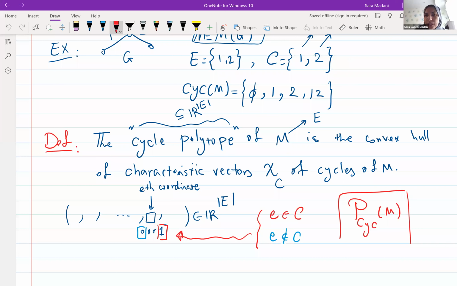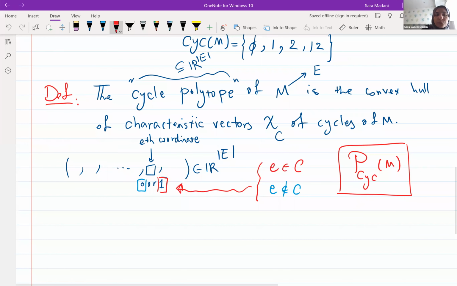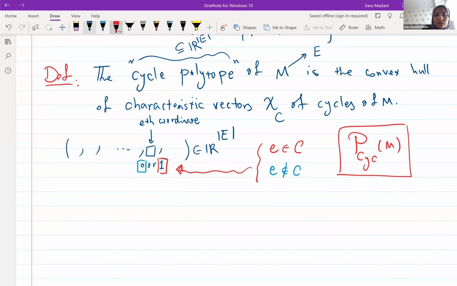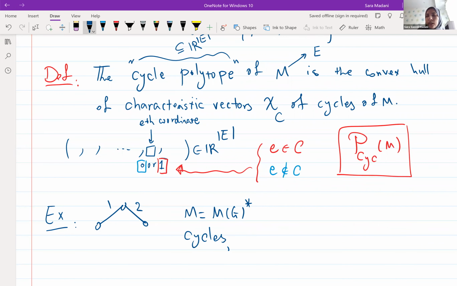Just to understand a little bit better the definition, let's try our previous example again. This graph 1, 2. We took M to be M(G) star. We understood what the cycles were.